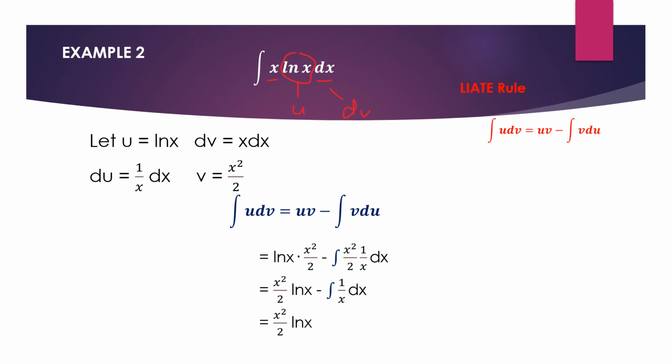We will get natural log x times x squared over 2 minus integral x squared over 2 times 1 over x dx, equal x squared over 2 natural log x minus integral 1 over x dx, equal x squared over 2 natural log x minus x squared over 4 plus c. C is the constant.